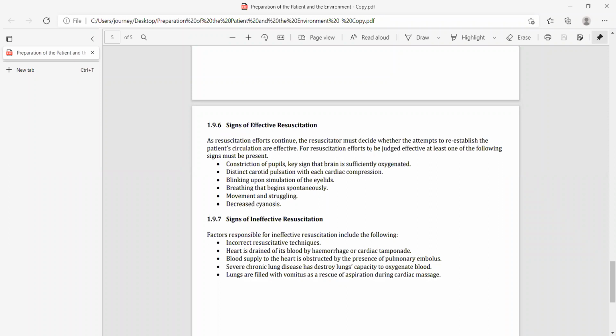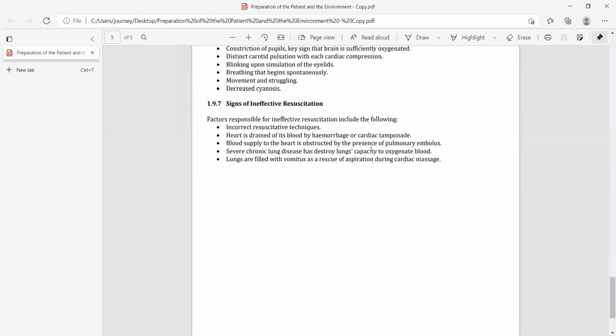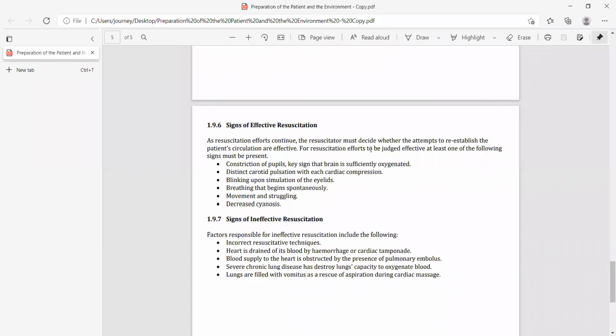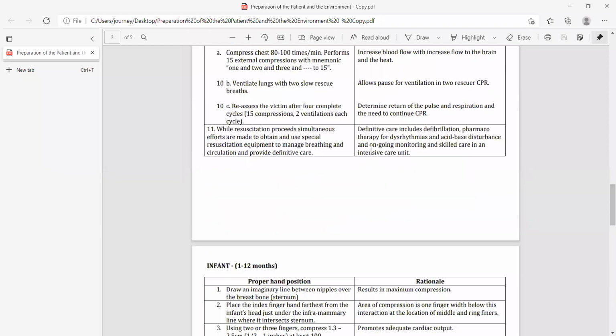That is why even after giving resuscitation it will not work. And the lungs are filled with vomitus as a result of aspiration. If the lungs are filled with vomitus, that is also a sign of ineffective resuscitation. So these are the signs of effective resuscitation, and the other is the signs of ineffective resuscitation.